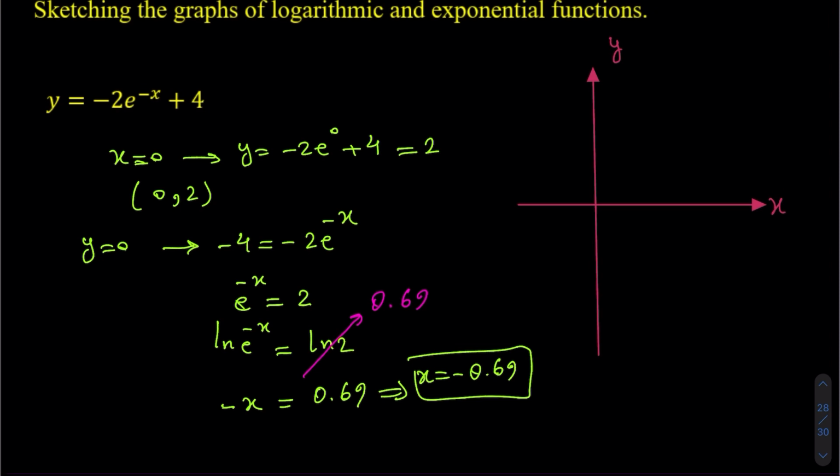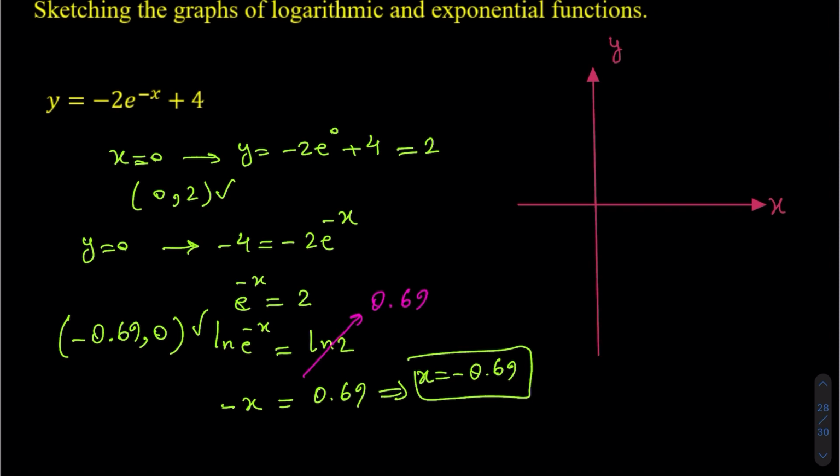So this is another point. That means y is 0 and x is negative 0.69, or negative 0.7 almost. All right, okay? So here is the ordered pairs. Okay, so this is another. Now, is it done? It's not done yet.